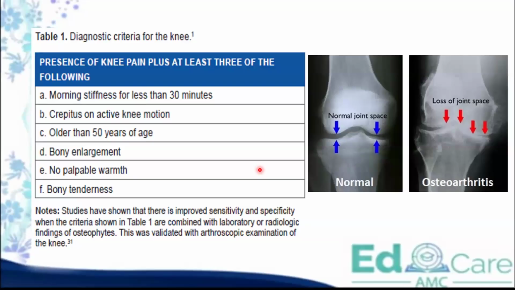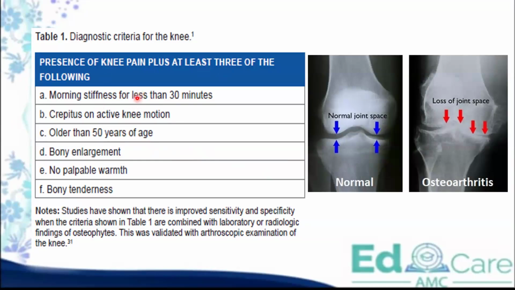So diagnostic criteria for knee osteoarthritis. Osteoarthritis can occur in any joint, right? So if it's the knee, you will have knee pain plus at least three of the following. Morning stiffness lasting less than 30 minutes. That means it's a mechanical arthritis.